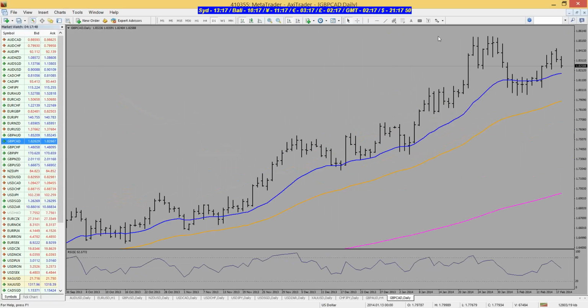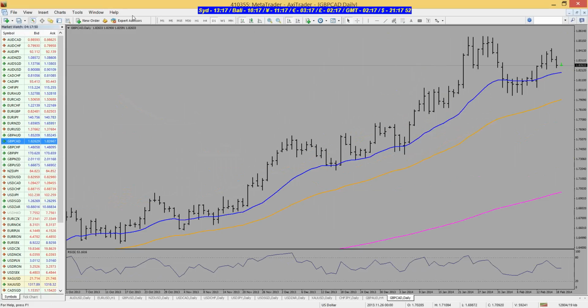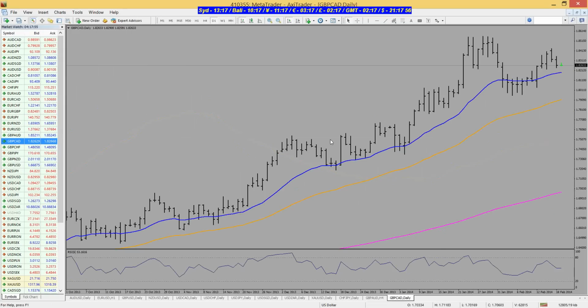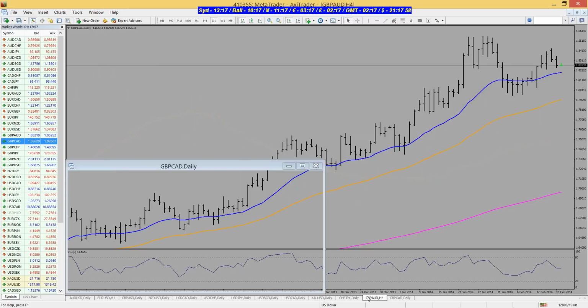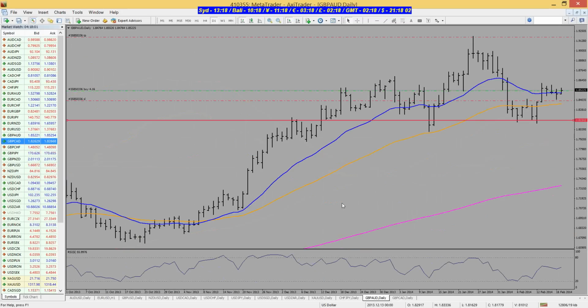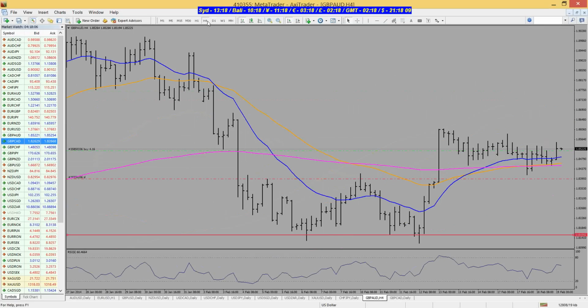Pound CAD is in an established trend, and you're using the 4 hour cyclicity to get in on that trend. Pound Aussie, clearly an established trend for some time now, and we're using the 4 hour to get in on that trend.